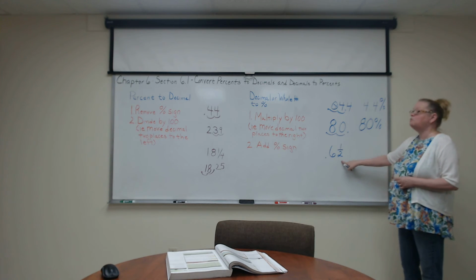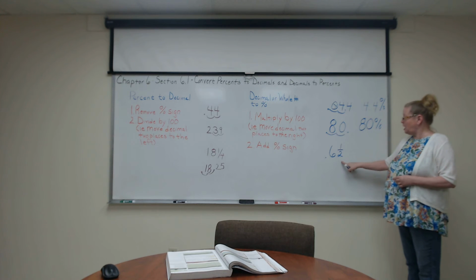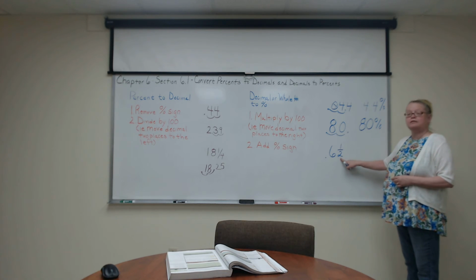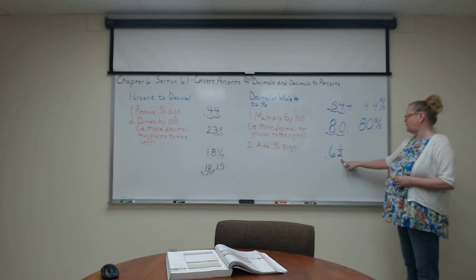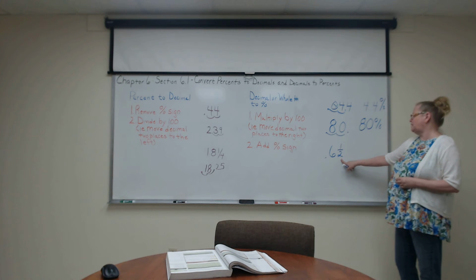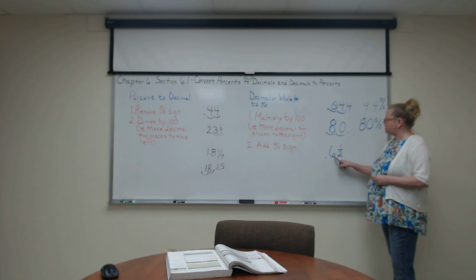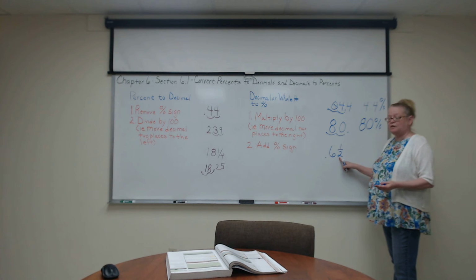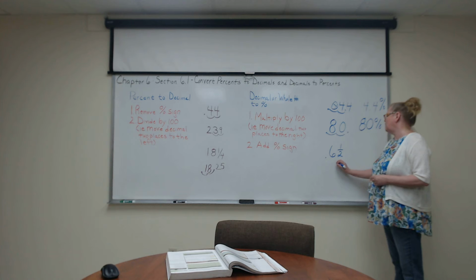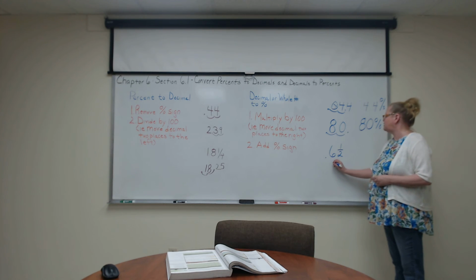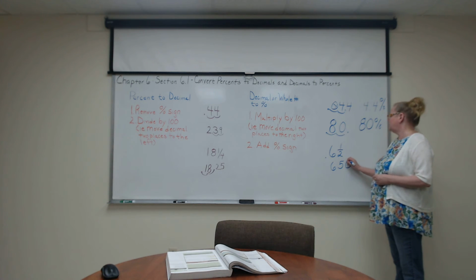And then finally, once again, we need to change this to a decimal in order to solve this. Basically, it's 6, and we know that half is 50, so we change this to 650.